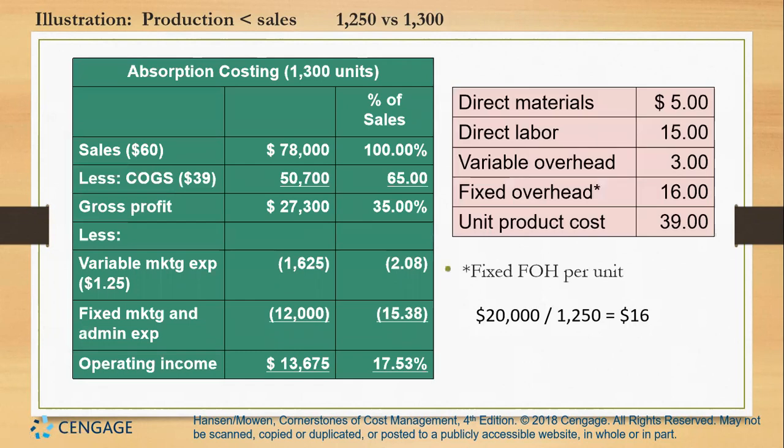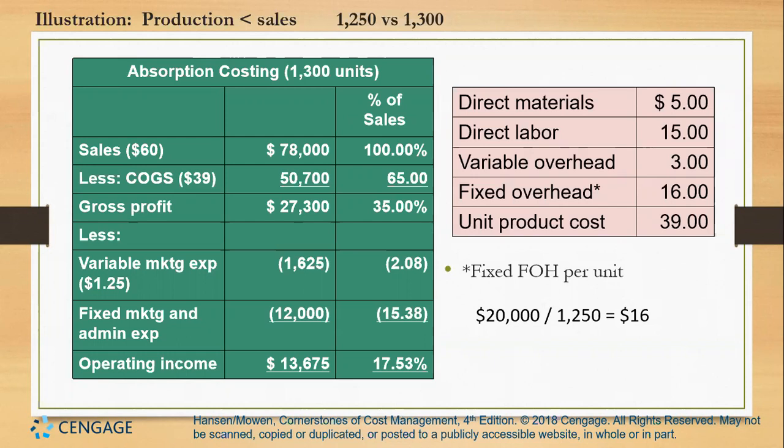So we have now the sales of 3,000 units. Cost of goods sold still at 39 multiplied by 1,300 units. We have gross profit. We use the term gross profit for absorption costing. Then we deduct the variable marketing expense and the fixed marketing and admin expense.